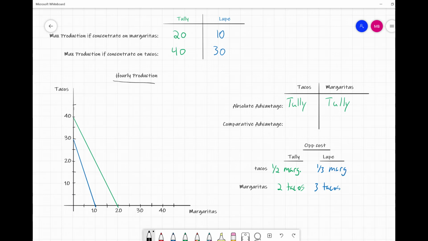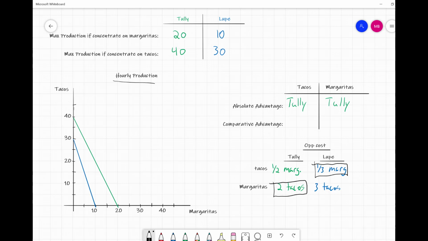And we've learned that we should specialize in whichever good we have a lower opportunity cost in. So here we see Tully has a lower opportunity cost of margaritas, while Lupe has a lower opportunity cost of tacos. That means Tully should concentrate on margarita production, while Lupe should concentrate on taco production.